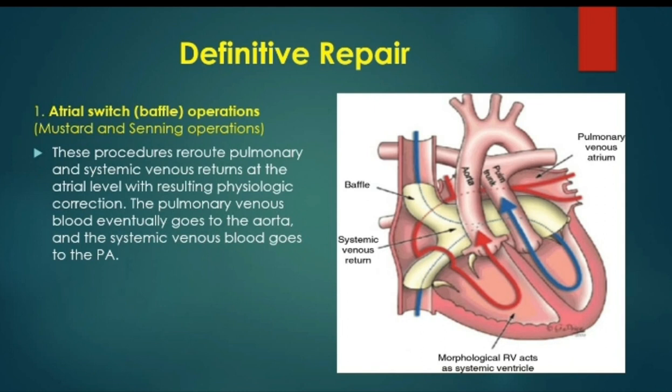The pulmonary venous blood is collected through a baffle towards the right ventricle, which opens into the aorta, and the systemic venous return is collected through baffles to the left ventricle, which already opens into the pulmonary artery. Thus, the systemic venous blood goes to the pulmonary artery and the pulmonary venous blood goes into the aorta.